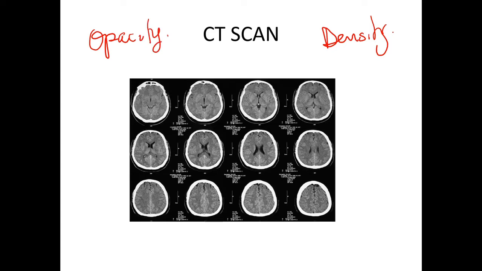And of course, in ultrasound, we use echogenicity. Now, densities are used when describing lesions in CT scan. And your reference point is the brain tissue.